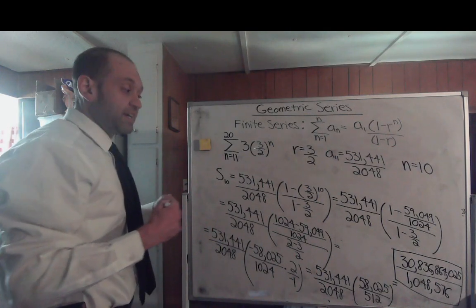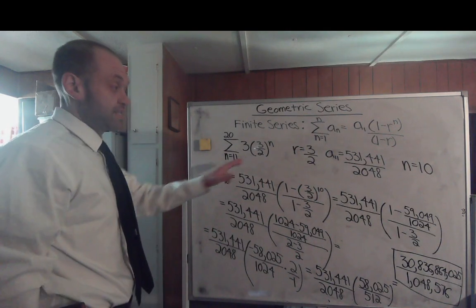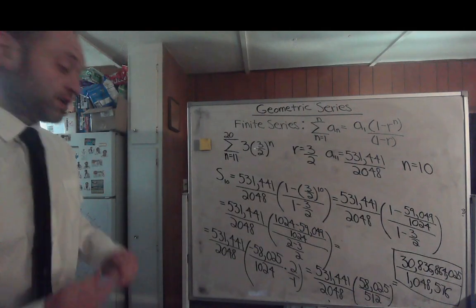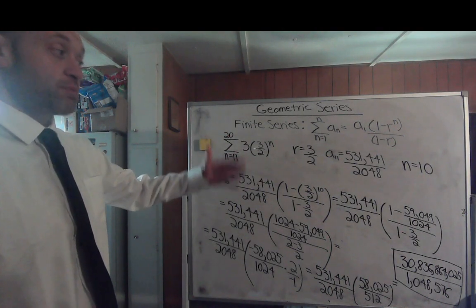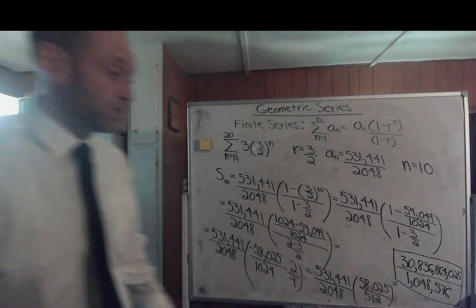So we got a slightly smaller answer than last time when we took the sum of 21 terms, but it's still very large because we're only taking the sum of larger terms as opposed to adding all the smaller ones to it.